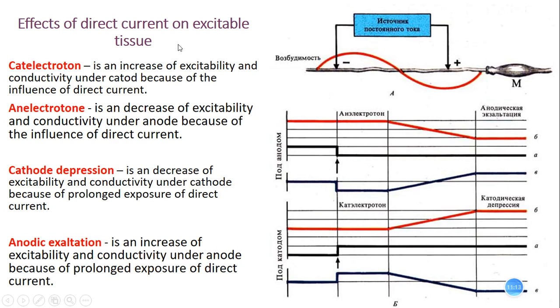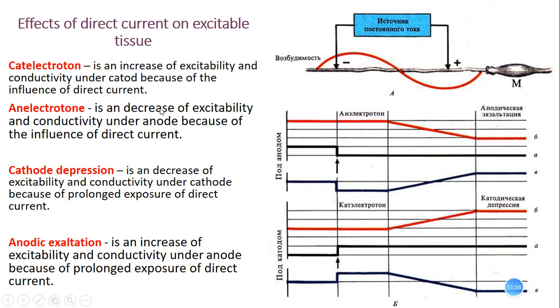And again, here we have some effects. The first one is catelectrotonus. It means an increase of excitability and conductivity under the cathode because of the influence of direct current. And we have anelectrotonus.